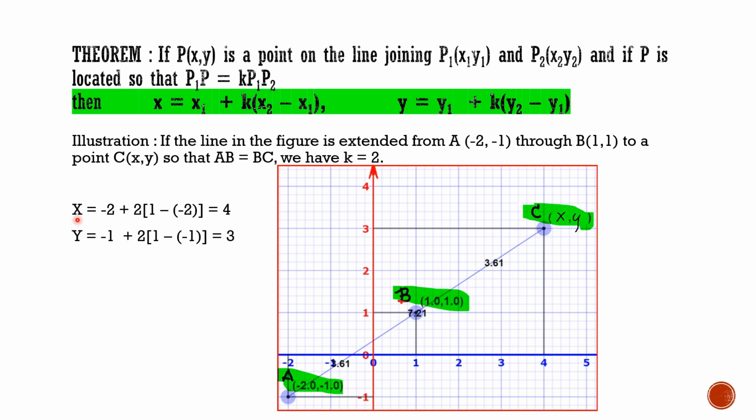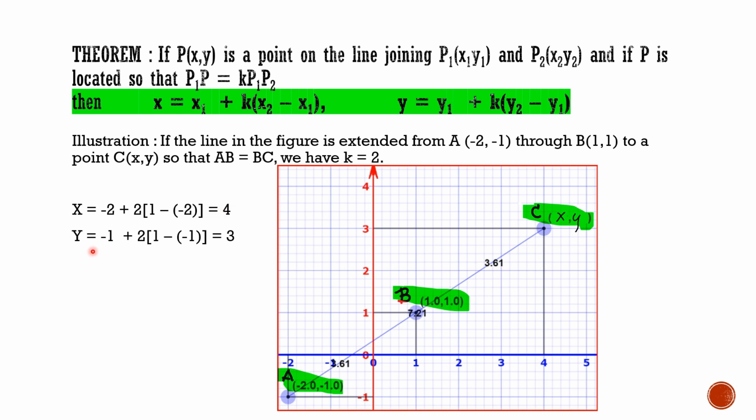Therefore, by direct substitution, we have x equal to negative 2 plus 2 times the quantity, this 2 is the k, times the quantity 1 minus negative 2, which is equal to 4. Take note, even if you reverse it, even if you go from here to there, 4 is still the result.